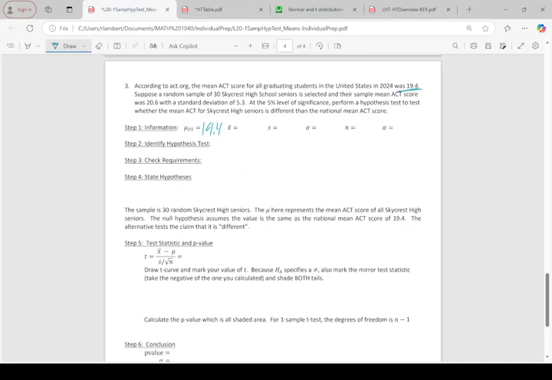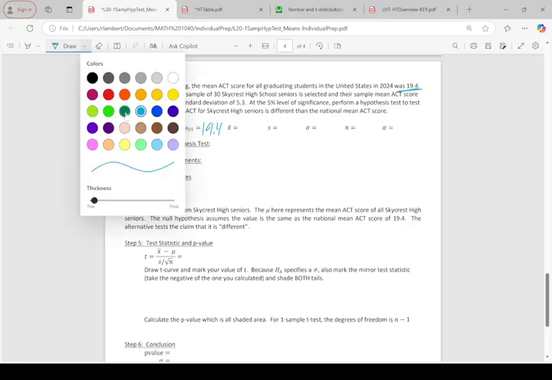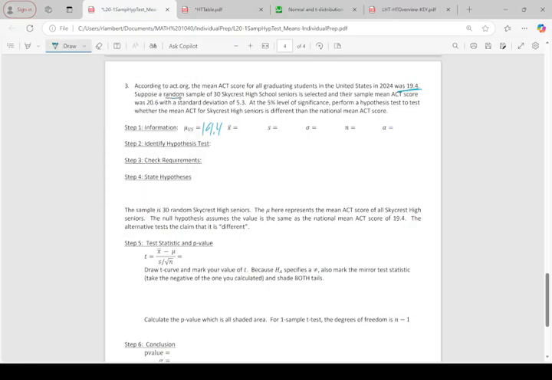Suppose a random sample of 30 Skycrest high school seniors is selected and their sample mean ACT score is 20.6 with a standard deviation of 5.3. Okay, so we have a sample of 30, the sample mean is 20.6 and the sample standard deviation is 5.3.